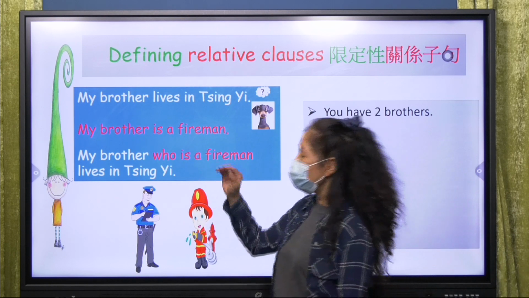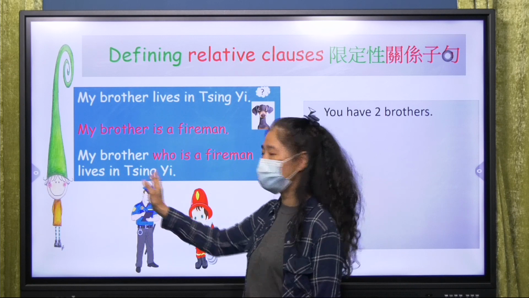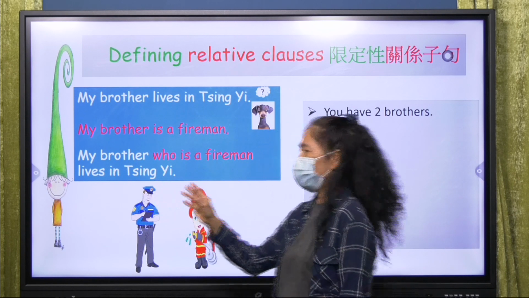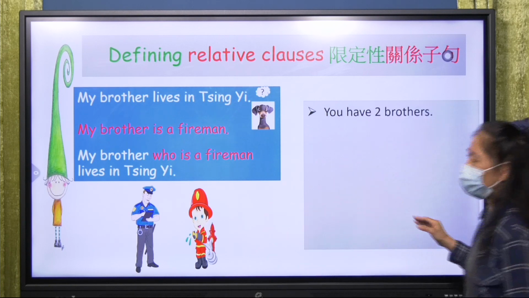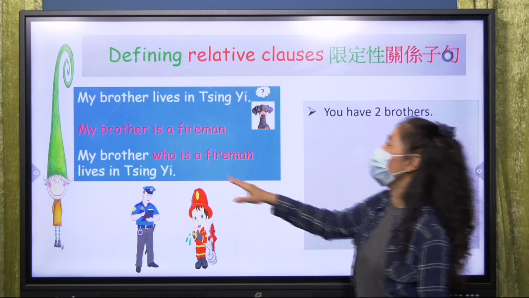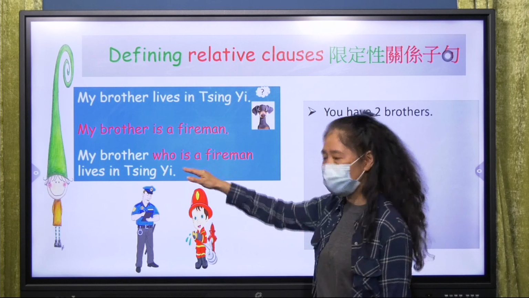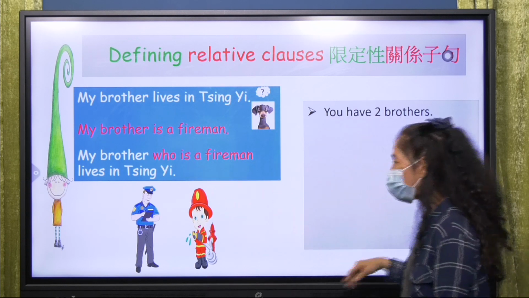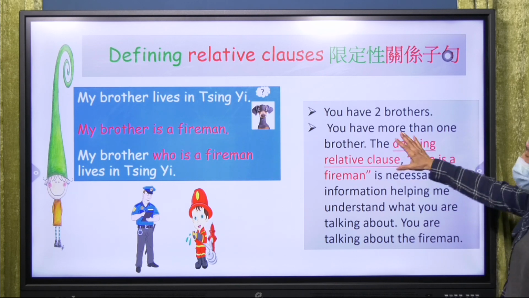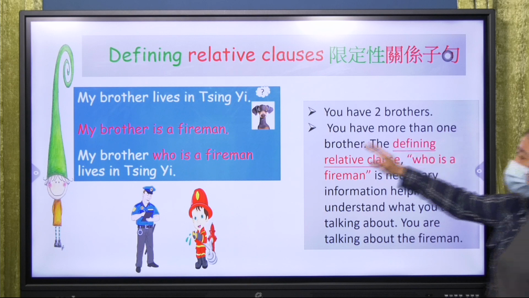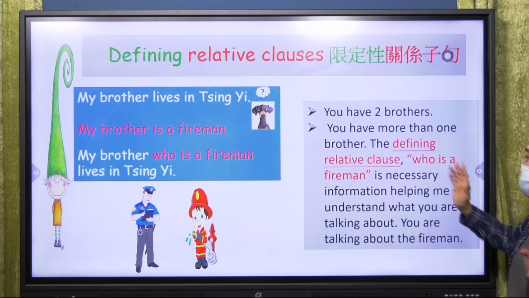So the main clause is my brother lives in Csjss. Because you do not know which brother I'm talking about. So that's why you have to use another relative clause to explain, to let me know who you are talking about. Since you have more than one brother, if you just say my brother lives in Csjss, no one knows which brother you are talking about.